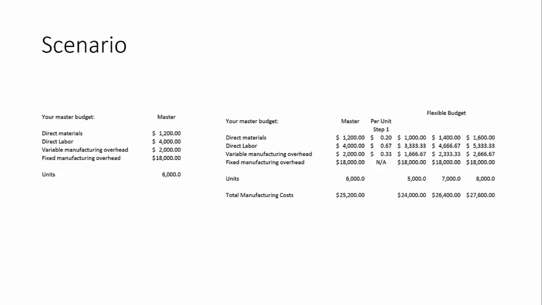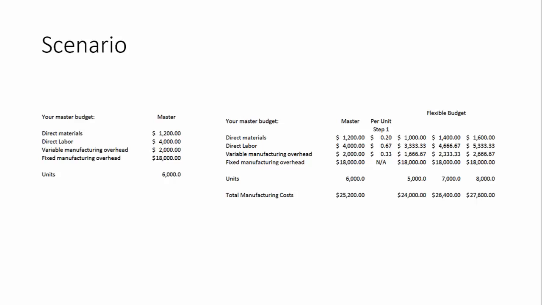So for example, in the 5,000 unit scenario, we take the 67 cents, multiply it by the 5,000, and we get $3,333.33. So you get the idea. Each of those production levels will take that per unit rate times the quantity at whatever level it is, and we'll get our dollars.